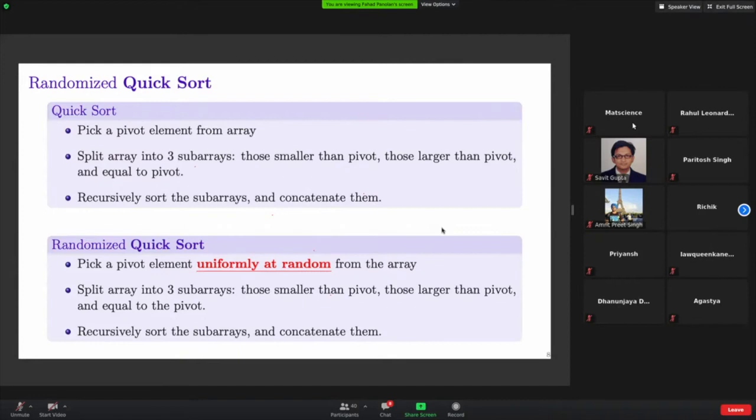The left subarray contains all the elements less than the pivot, and the middle subarray contains the elements equal to the pivot. If all the elements are distinct, that will be a singleton, the pivot itself. The right subarray contains the elements larger than the pivot. Then you recursively sort the left subarray and the right subarray, and that order gives you a sorted order.